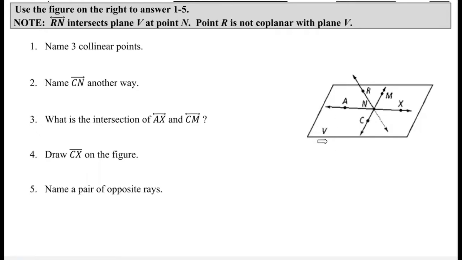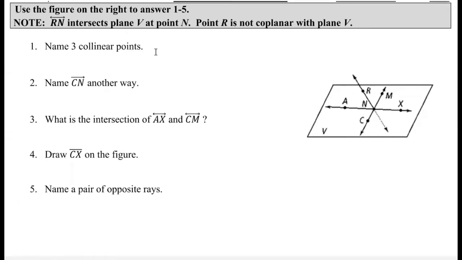It is not a point, right? Notice there's no dot with it. And so this line RN is going through the plane, like an arrow going through a sheet of paper, okay? Also, point R is not coplanar. Point R is not in the plane, as that's a part of the line that is going through the plane, okay? So with that being said, let's begin.